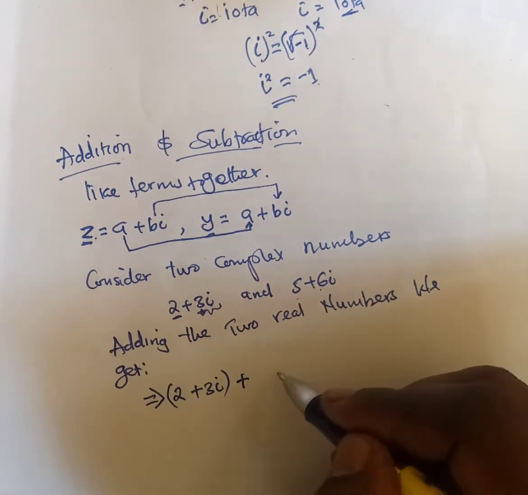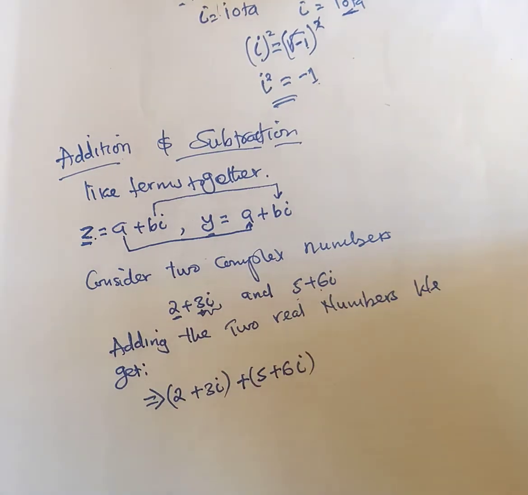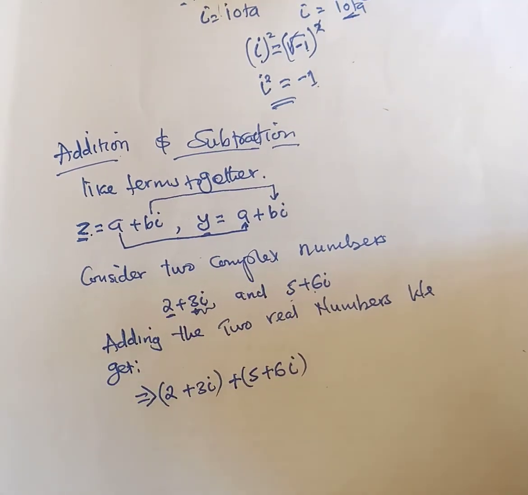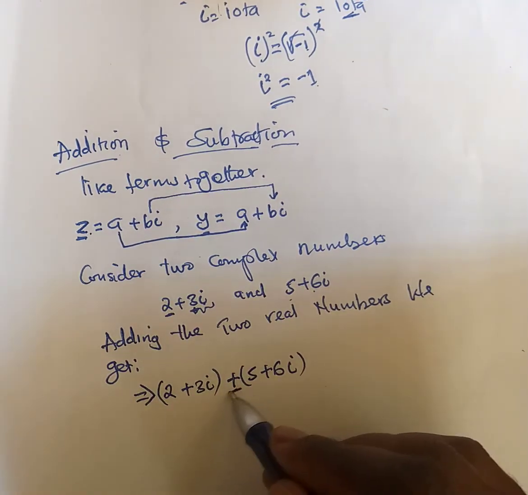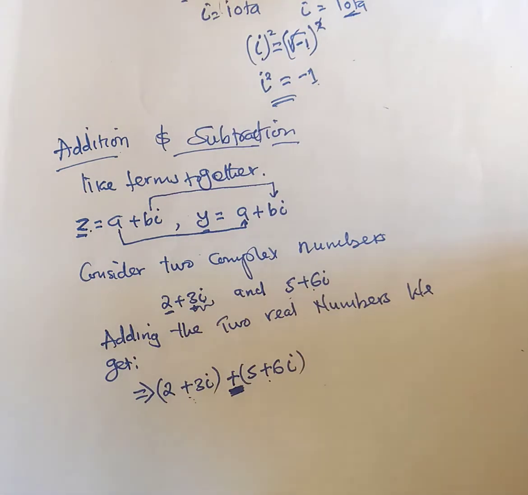Then we are adding 5 plus 6i, right? That is addition. This is our sign of addition. Of course, this sum exists naturally when we are defining a complex number.